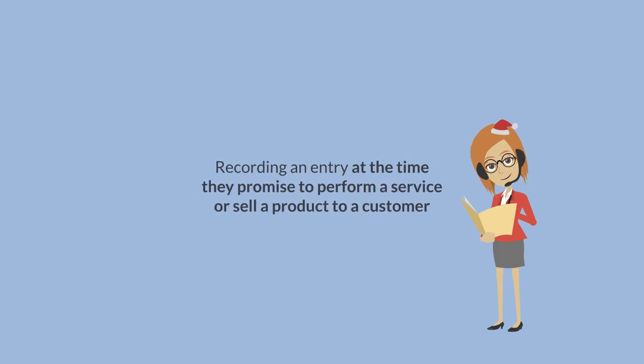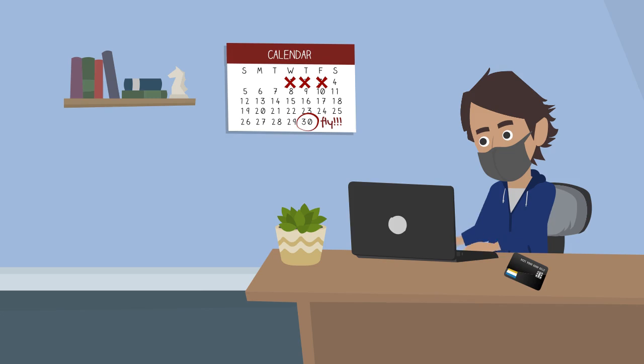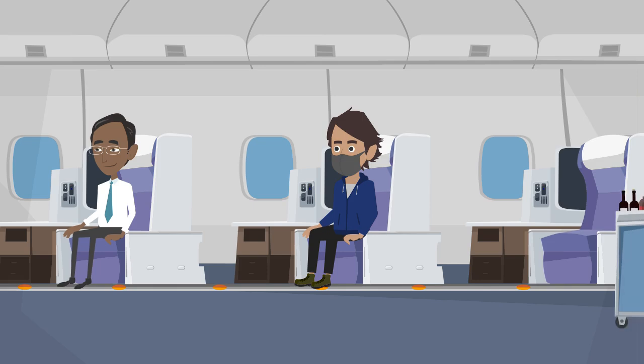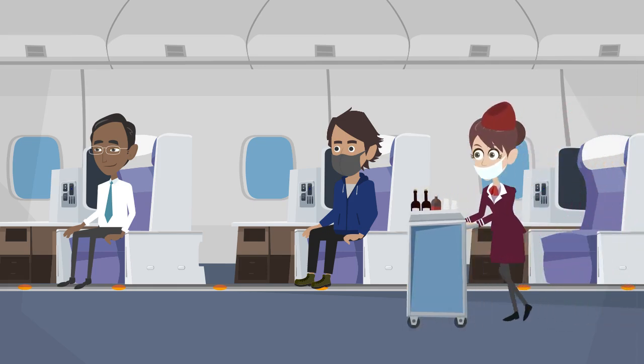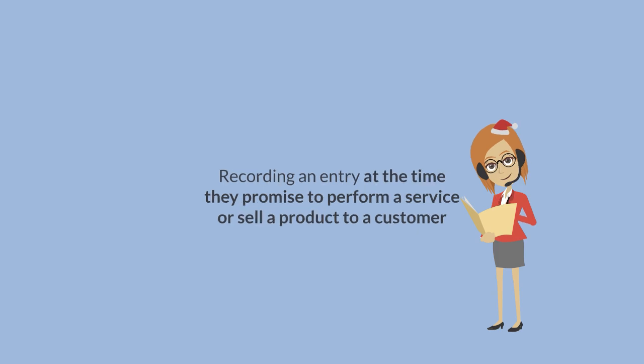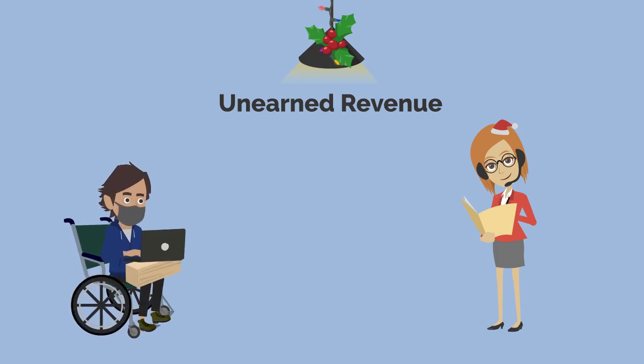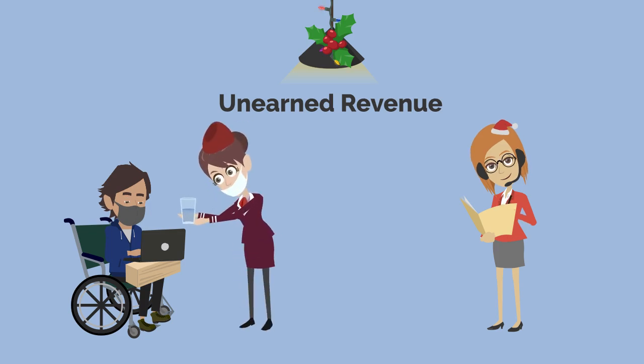This means recording an entry at the time they promise to perform a service or sell a product to a customer. However, the cash isn't necessarily paid at that moment, and the goods or services aren't necessarily provided at that moment either. Therefore, the temporary unearned revenue account provides a way for us to record both when the cash changed hands and when the actual service was delivered.